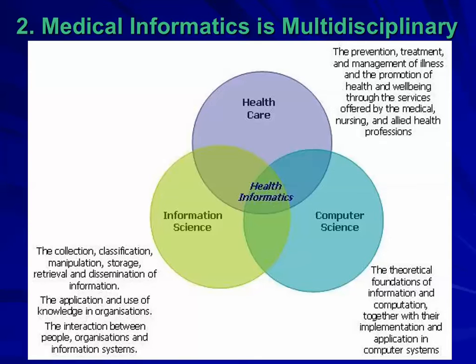First of all, of course, it's healthcare, which is the main source of data and the aim for implementation of our system, which should be built with the help of computer science, and which will implement achievements of information science.